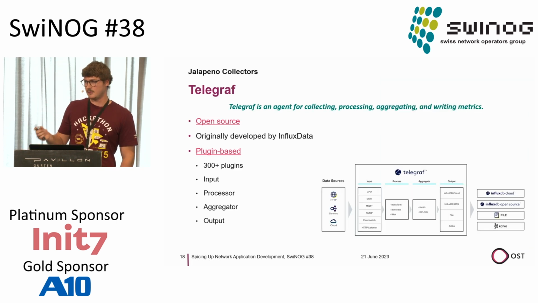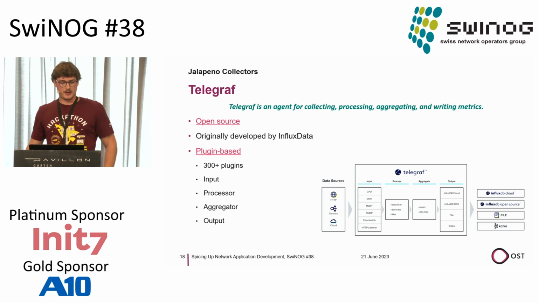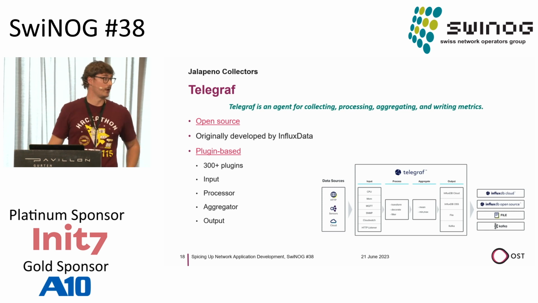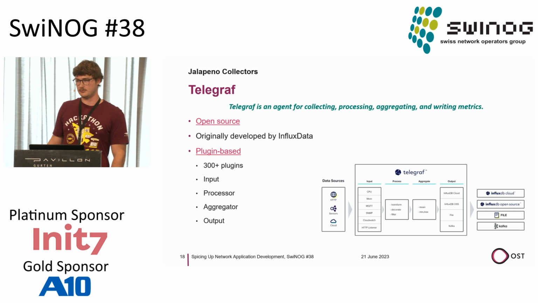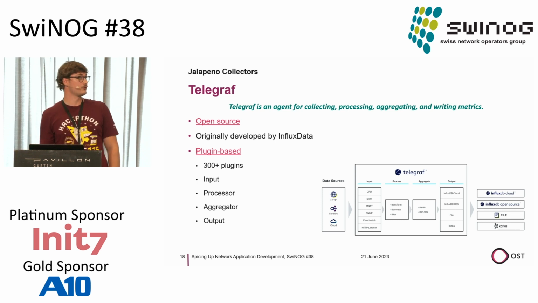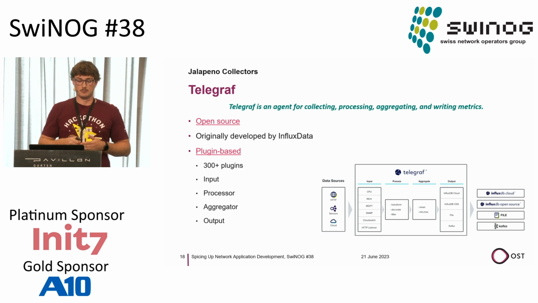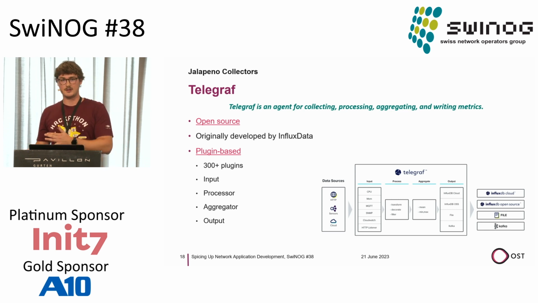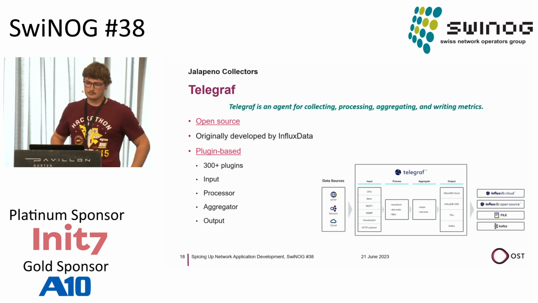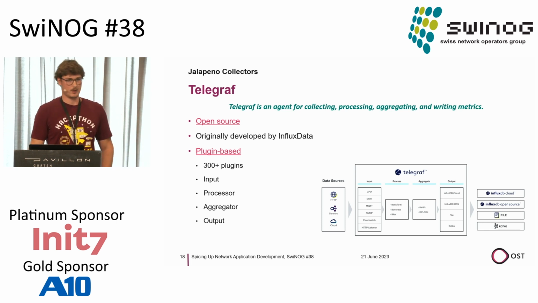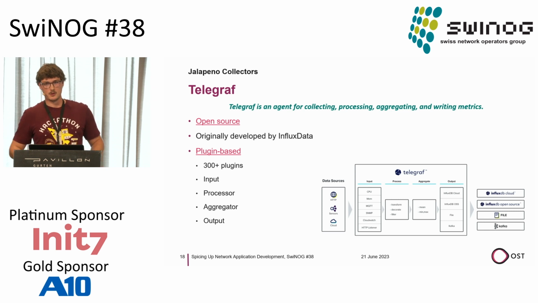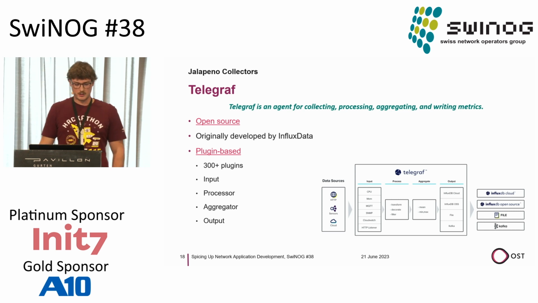On the other side, we have a second collector to collect telemetry data. For that, Telegraf is used. Telegraf is also open source and was originally developed by InfluxData. The goal is collecting metrics, processing and aggregating them, and then writing or forwarding the metrics. I think it's a very cool project because it's plugin based, so you can easily add your own plugins.